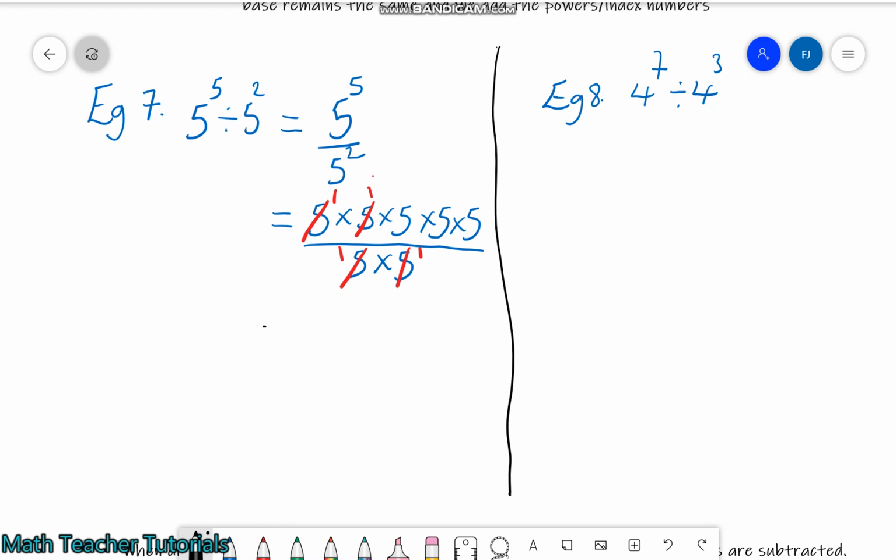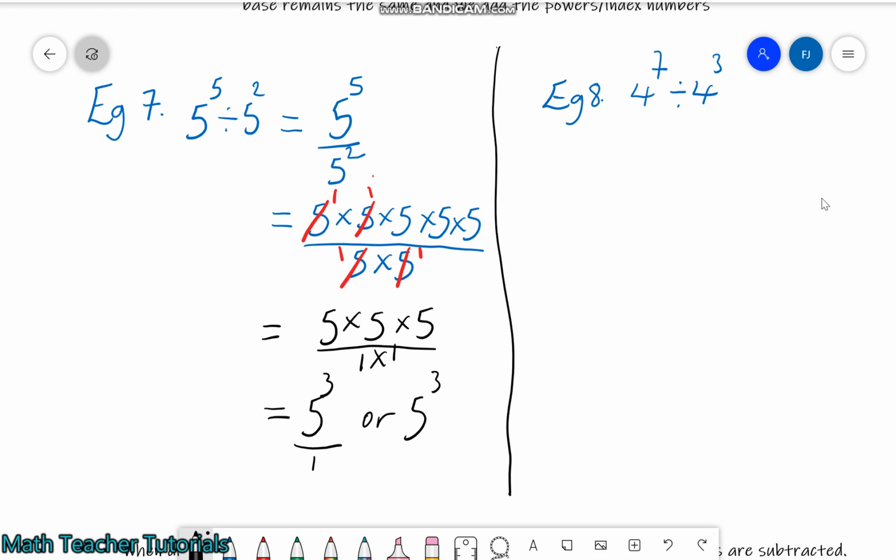So in our numerator, we'll be left with 5 times 5 times 5, all upon 1 times 1. So that would be 5 times 5 times 5, in index form 5 cubed, and it is upon 1, or 5 cubed.